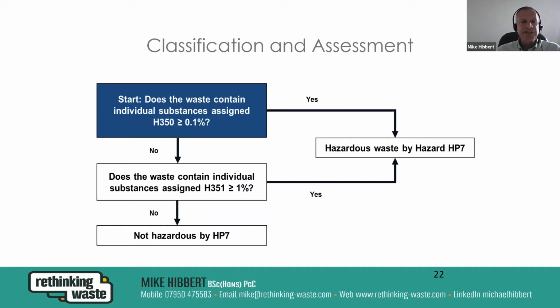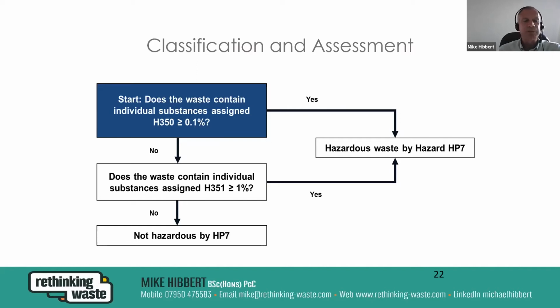And then once we've established what the hazardous properties are, we need to assess against those thresholds for the waste stream. So for this one, we're looking at H350, that is the one around carcinogenicity. Then we go to Appendix C in WM3, have a look at the decision trees for each hazardous property, and then work through the flow charts.